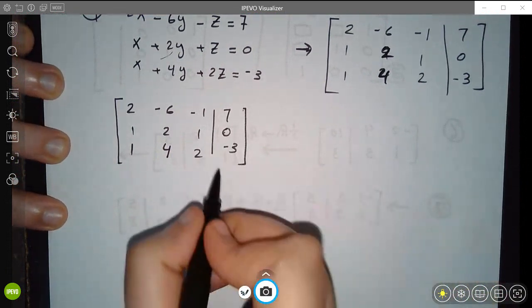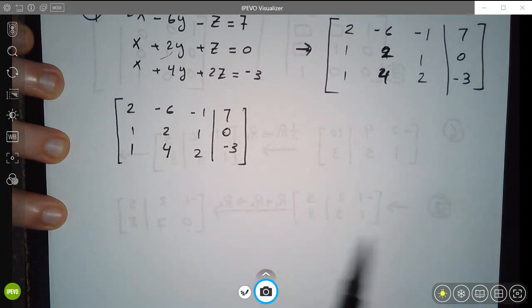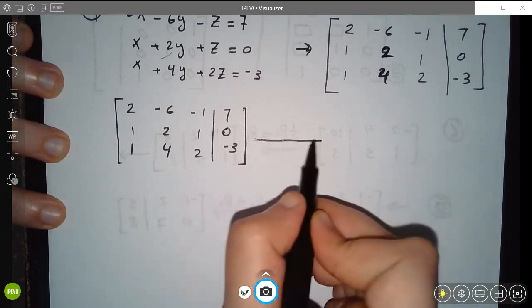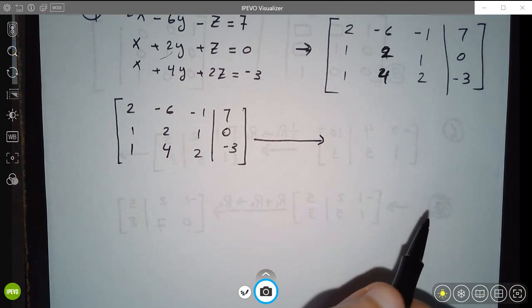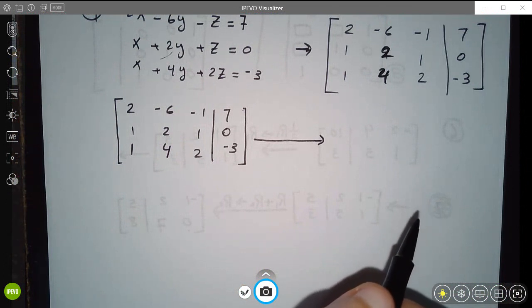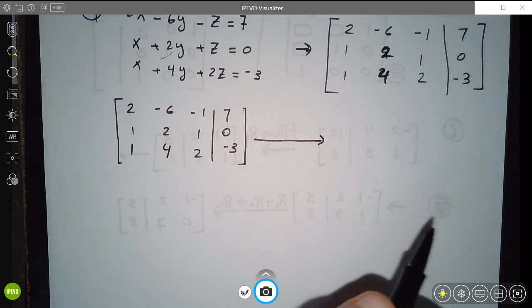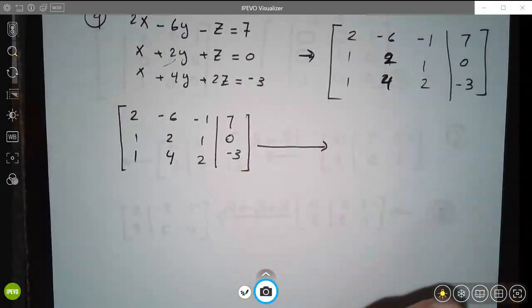Okay, here's my matrix. Now, in terms of row operations, what do you guys think we should do first? Any ideas?